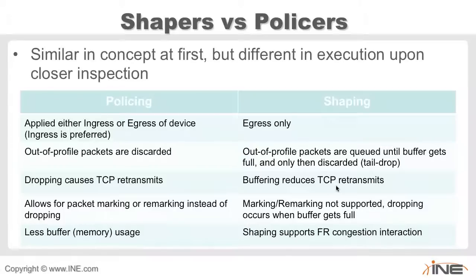With shaping, we're actually queuing or buffering, so we are using more memory, but it also supports Frame Relay congestion interaction. So Frame Relay has something that we won't probably talk too much about, maybe a little bit, called FECNs and BECNs.